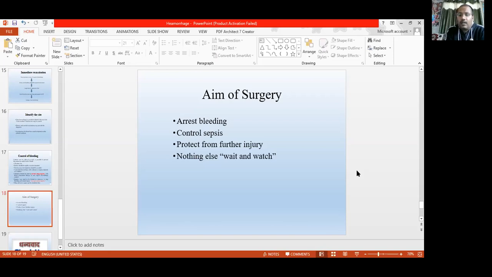So along with control of bleeding you must control the sepsis, and then protect from further injury. If you arrest the bleeding, control the sepsis, and protect against further injuries to any part of the body or any system, then there is nothing to do, just wait and watch, the patient will recover by himself.